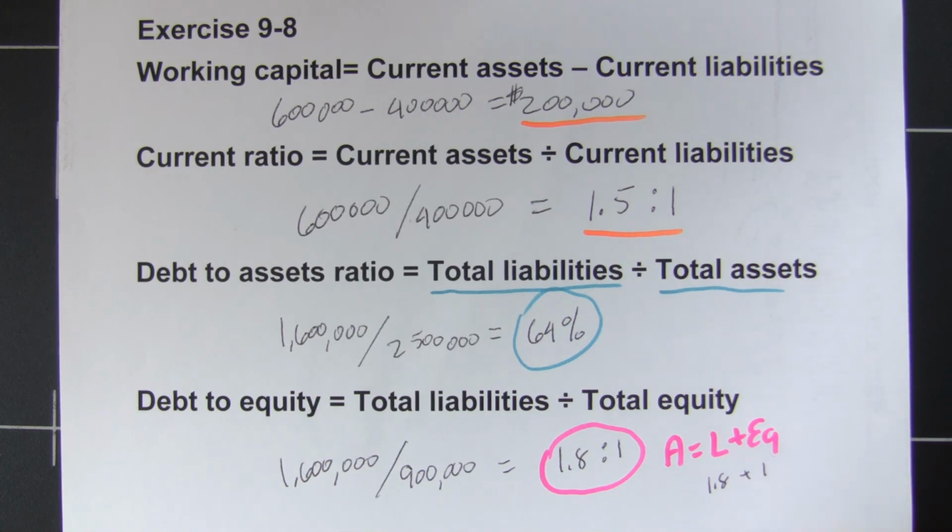Now you really can't add those together. That doesn't work. But I want you to see that that's a measure of how the company is doing and how the market perceives us, that they're willing to grant us credit, give us liabilities far in excess of our total investment.